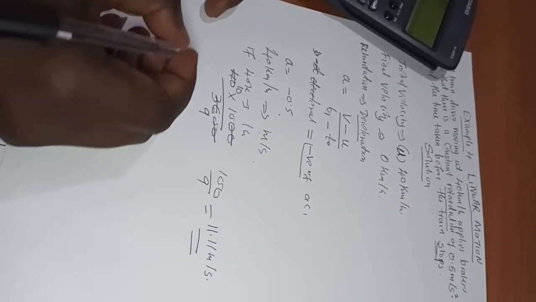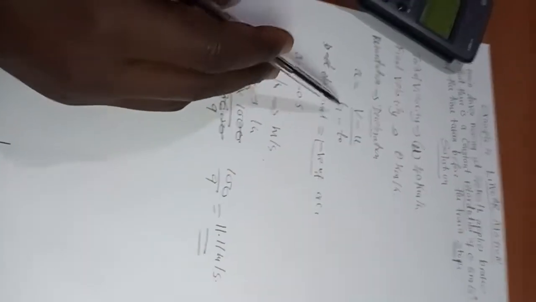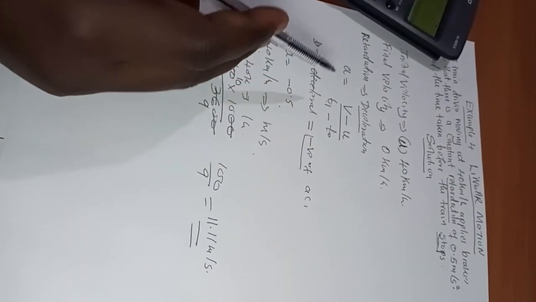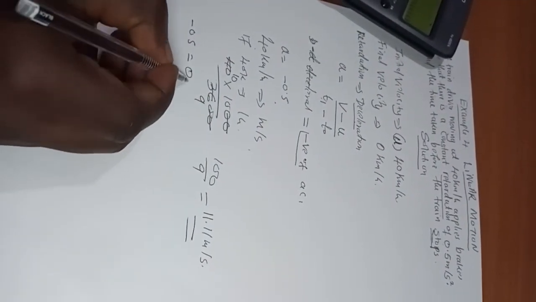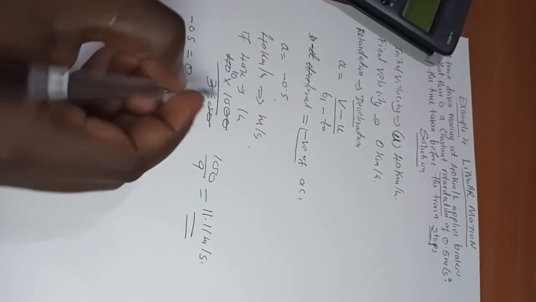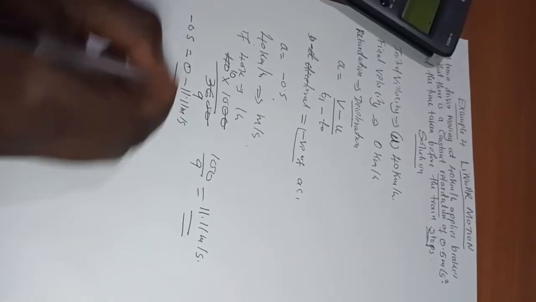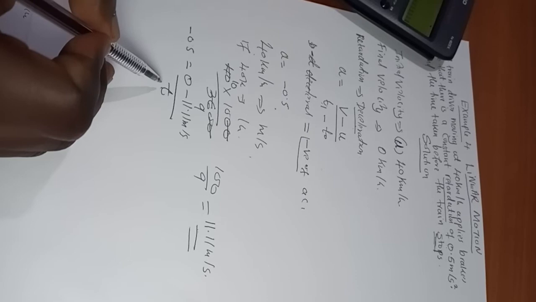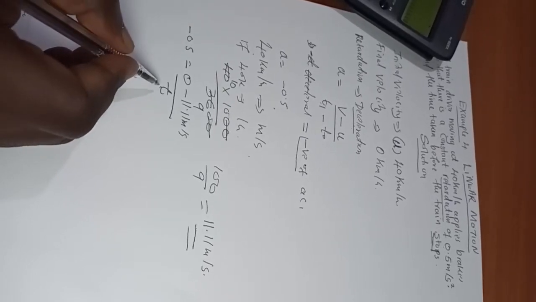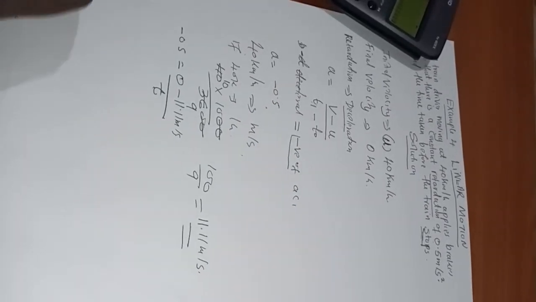Our a is negative 0.5, which is equal to v, the final velocity, and since the train comes to rest, its speed is 0, minus our initial velocity, 11.11 meters per second, divided by t. We need to make t the subject.